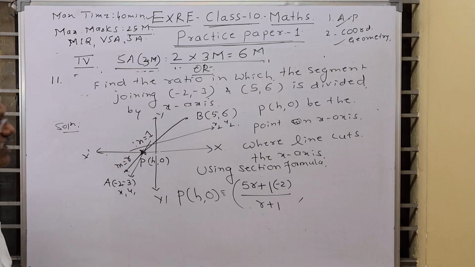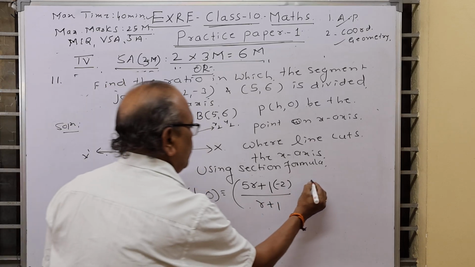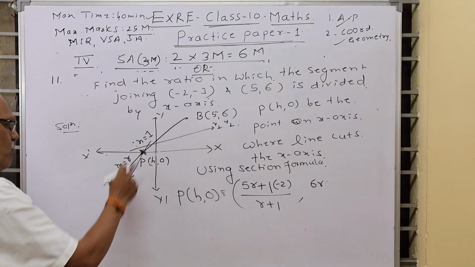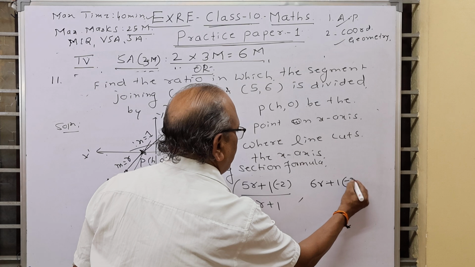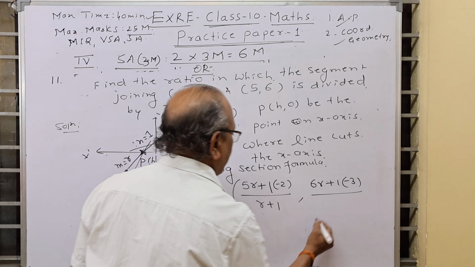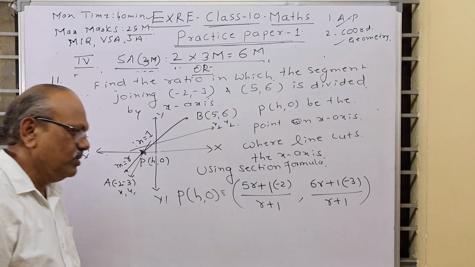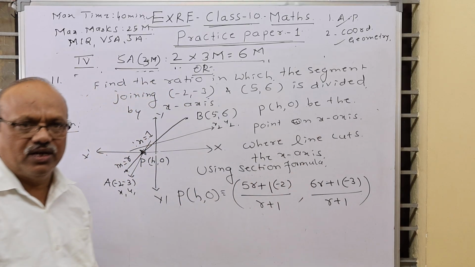No problem, very easy. Then you can take the y coordinates. my2 is 6r, plus ny1. n is 1, y1 is minus 3, divided by m plus n, which is r plus 1. Look here. Any ordered pairs will be equal if their corresponding elements are equal.